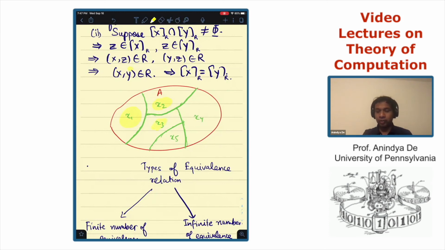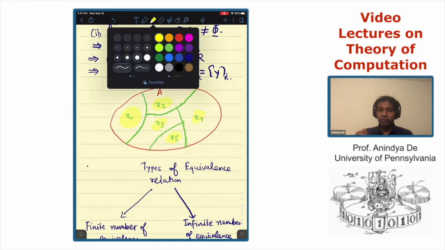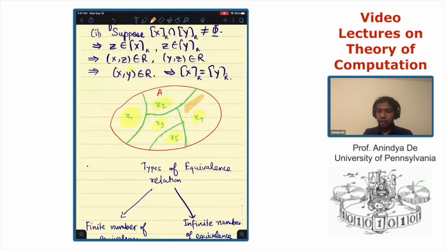Similarly, equivalence class of X3, X4, and X5. So for example, the one I'm making orange right now is the equivalence class of X4, which consists of all elements Z such that X4 comma Z is in R.